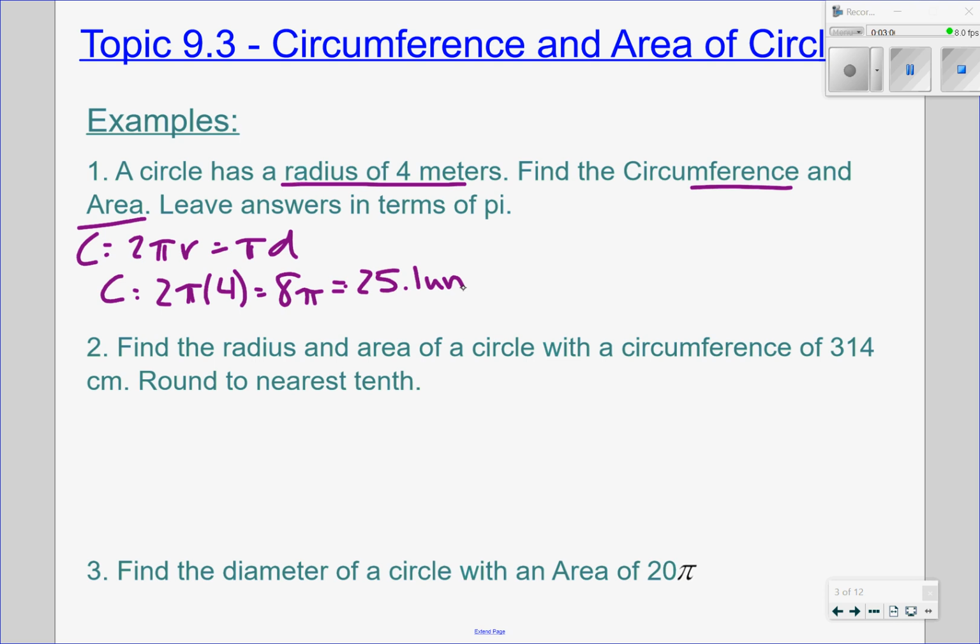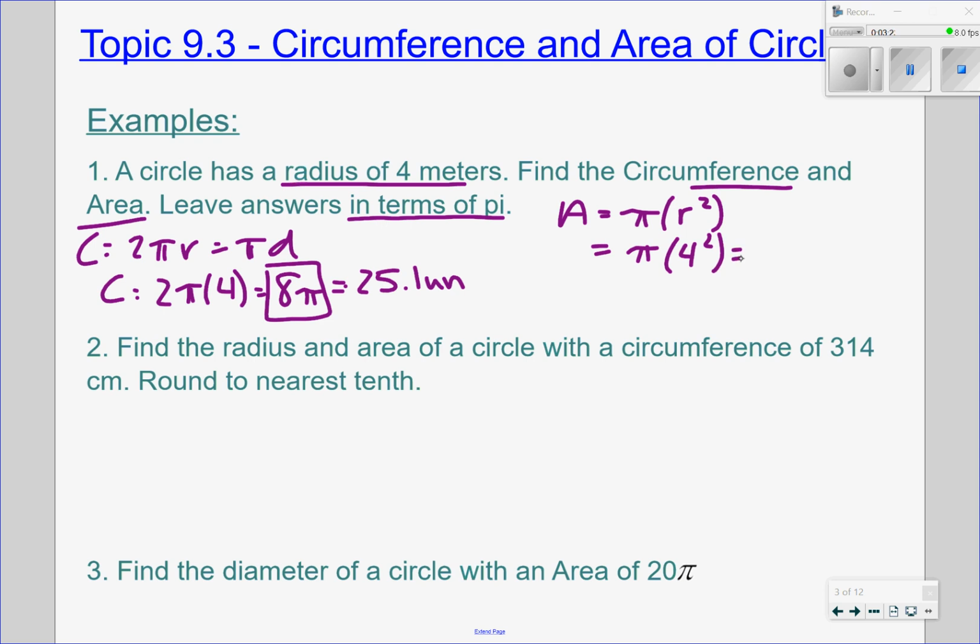And that would be in units. But specifically, our answer said in terms of pi, so we will go ahead and leave this as our answer. Our area is equal to pi times the radius squared. So in this case, it would be pi times 4 squared. And remember, in terms of pi means we leave pi in our answer.